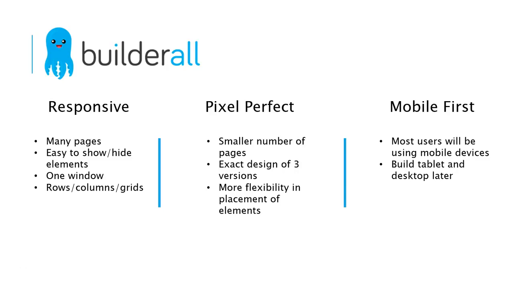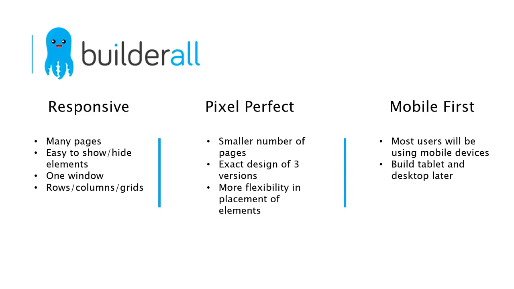So if you're going to use the responsive, this would be used if you have many pages that you want to build, if you want to easily show and hide different elements, if you want to build your website for all the different types of devices in one window, and if you're comfortable working in rows and columns and grids.